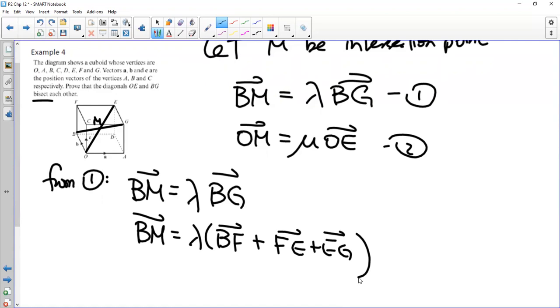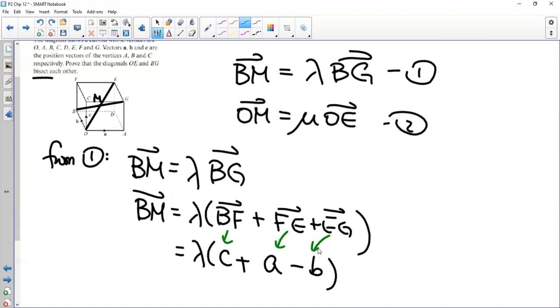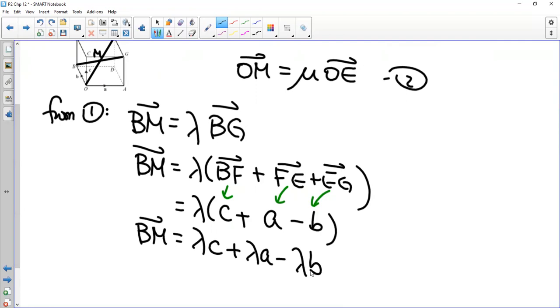So BF is same as C, so that equals lambda of C plus FE, same as A, and EG will be opposite to B, so minus B. And of course, expand the bracket. So BM equals lambda C plus lambda A minus lambda B.